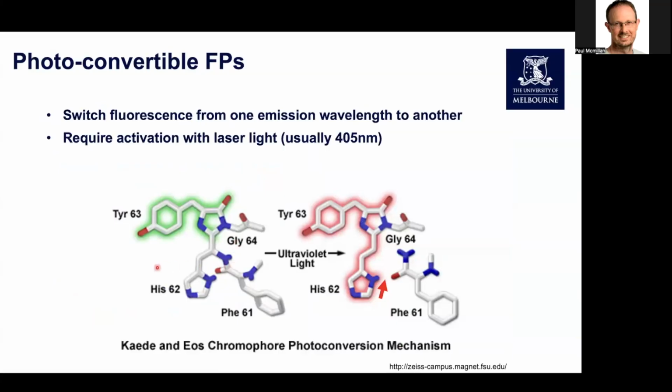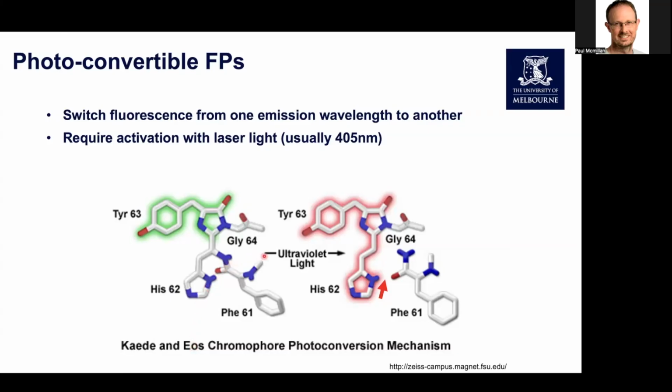Some other tools that people have used are photoconvertible or photoswitchable fluorescent proteins. In this case, we can control what emission wavelengths these molecules emit over. One example is the EOS fluorescent proteins.